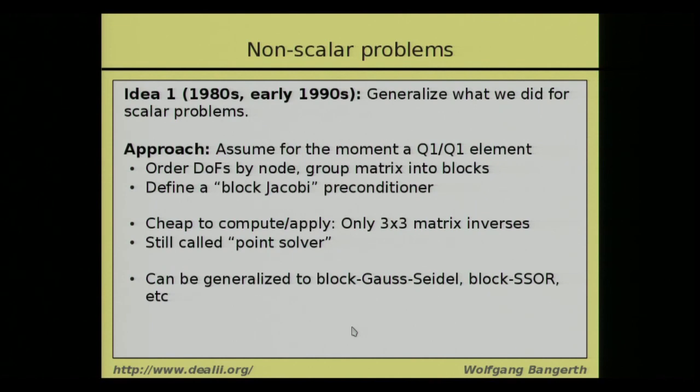So there is a matrix or a preconditioner that is cheap to compute and cheap to apply. All I ever need to do is invert 3 by 3 matrices. And so I can still call this a point solver, right? Because what I'm going to do is walk through every point, every node or vertex of my mesh, and update it based on the surrounding nodes.